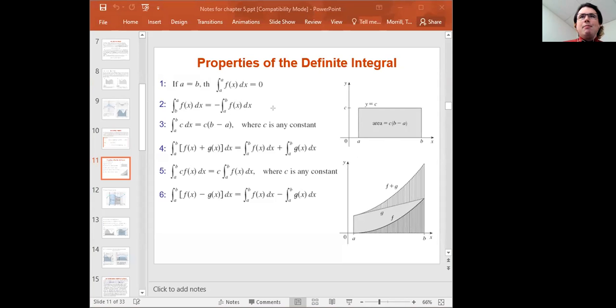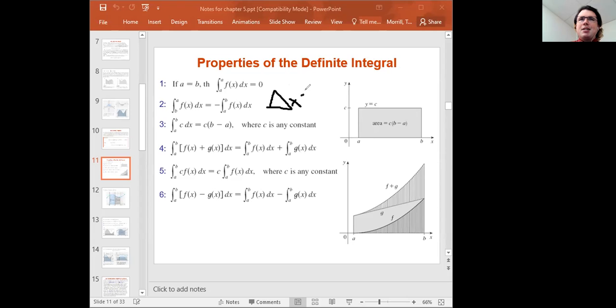This second one is a little bit of a technicality, right? So if I integrate from b up to a instead, if I go backwards, then all that does is put an extra minus sign outside the integral. Well, why should that happen? The reason for this one has to do with my formula for the delta x.